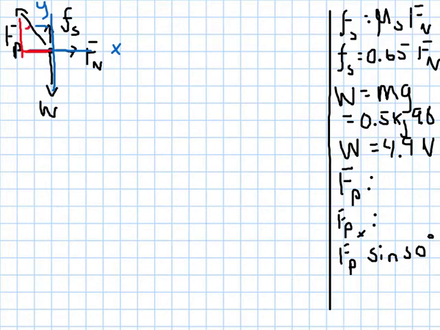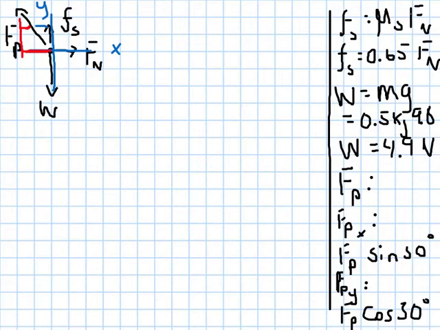This is where the 30-degree angle is. And then my y component is going to be the cosine. So if I get back over here to my side work, the force of the push in the y direction is going to be the overall force times the cosine of 30 degrees.